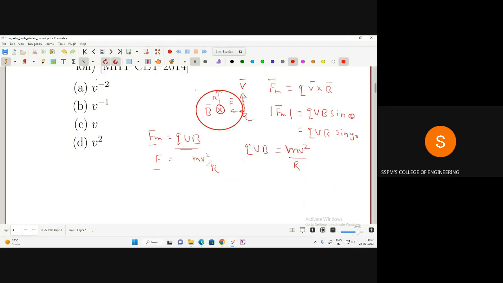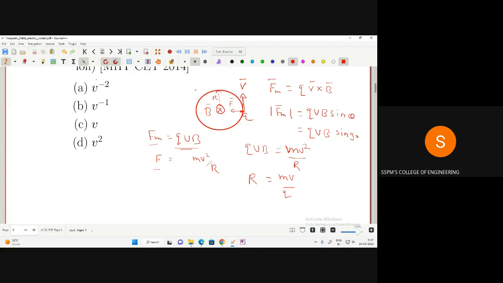So r is equal to, v will be cancelled, and here v is remaining in the numerator: m into v divided by q into B. The radius of the cyclotron path is directly proportional to the velocity of the charge.